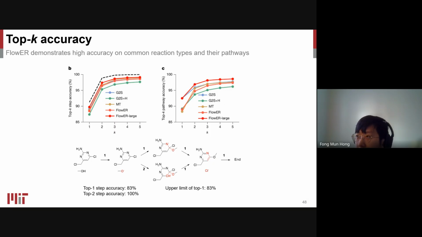If you see in our paper, we use a 2 times or 3 times smaller Flower model, and it matches the performance. And then if we do Flower Large, which is actually not larger than Graph2SMILES, with a parameter count still a little lower, we're able to at least match or outperform a little bit the best model we are currently comparing against.